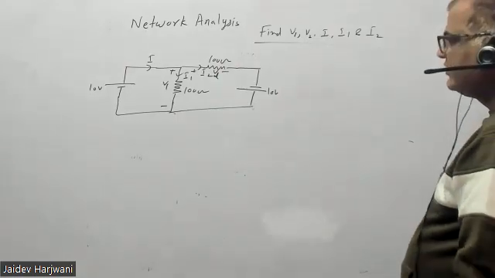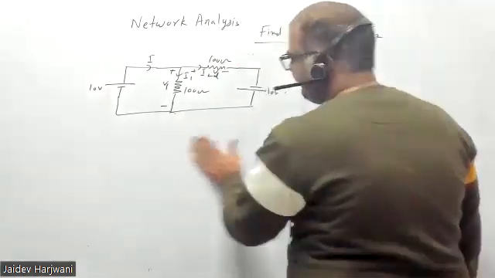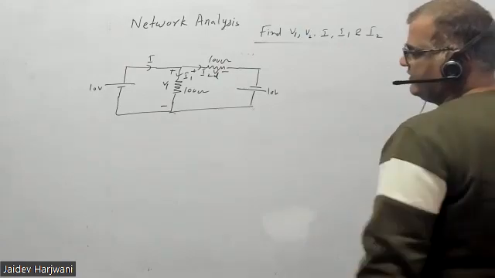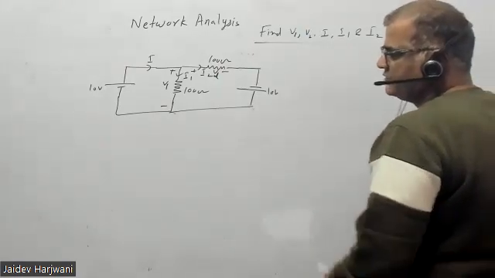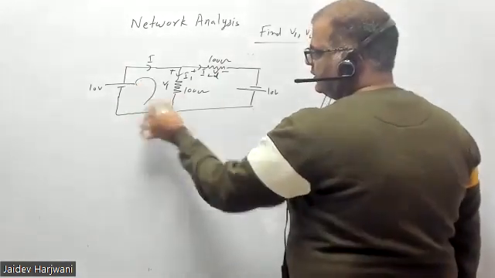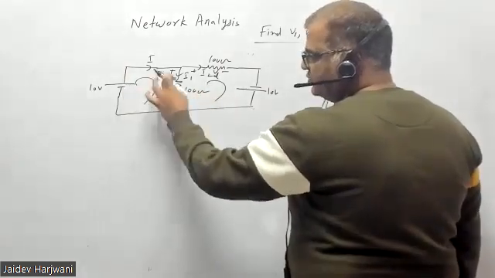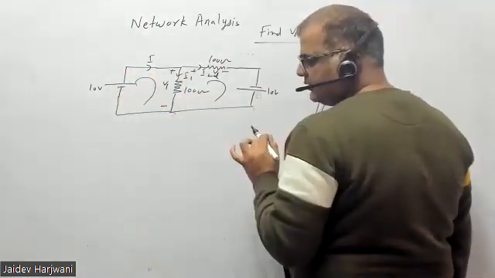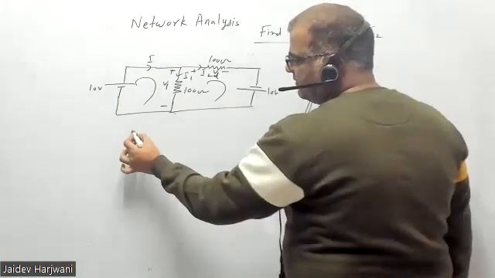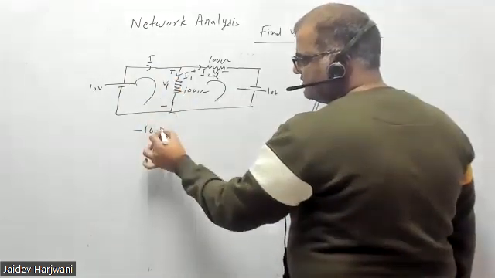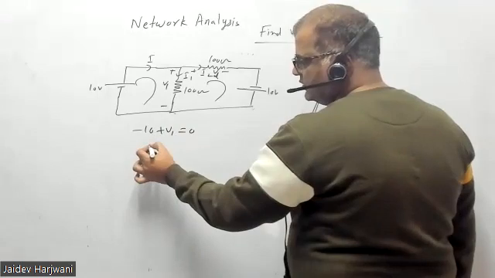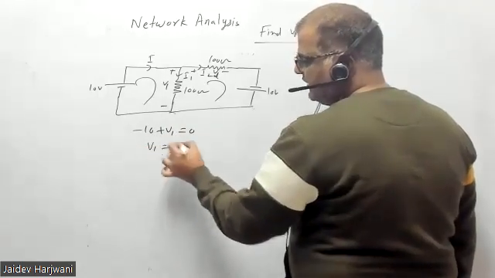So what is the value of V1? There are two loops. How many voltages are in this loop? Only two voltages are there in the loop. So I can write minus 10 plus V1 equals to 0. So V1 is equal to 10 volt.